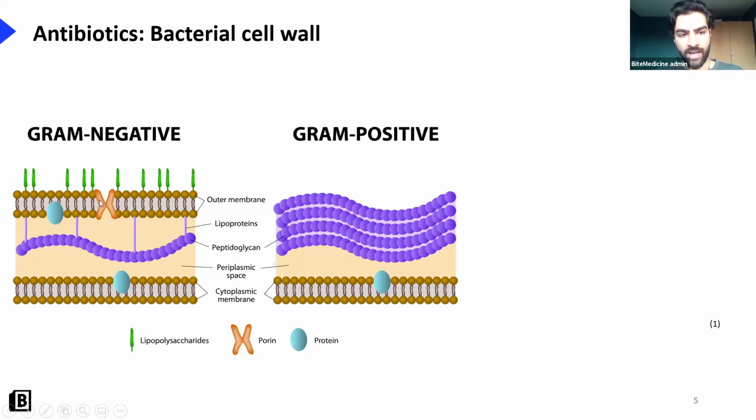For the one on the left, you've got an outer cell membrane and you haven't got much of a thick peptidoglycan cell wall like you do here on the right. So on the right, you have a nice thick peptidoglycan cell wall. On the left, you do not have that.